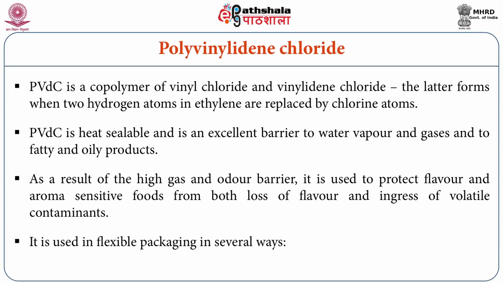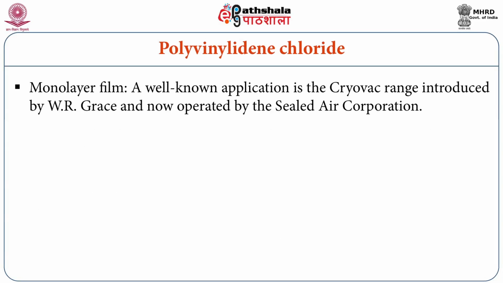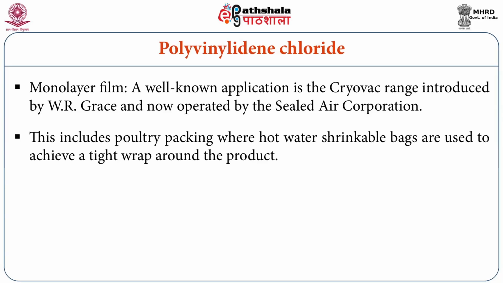It is also used in flexible packaging in several ways, such as monolayer film, which is a well known application in the Cryovac range of packaging. This includes poultry packaging, where hot water shrinkable bags are used to achieve a tight wrap around the product.